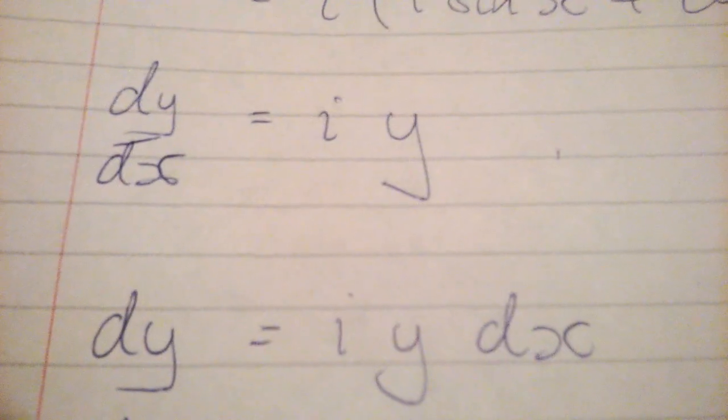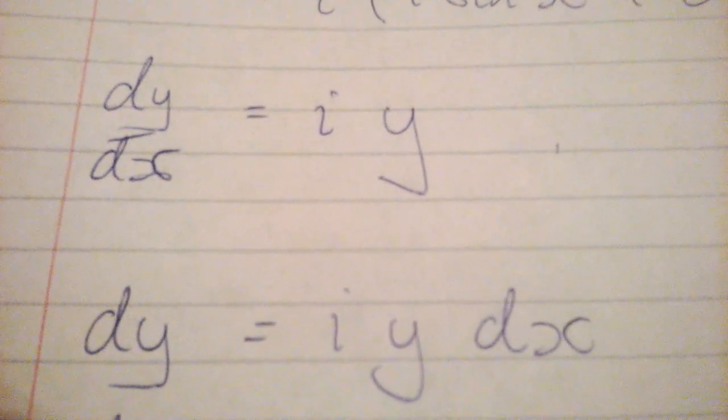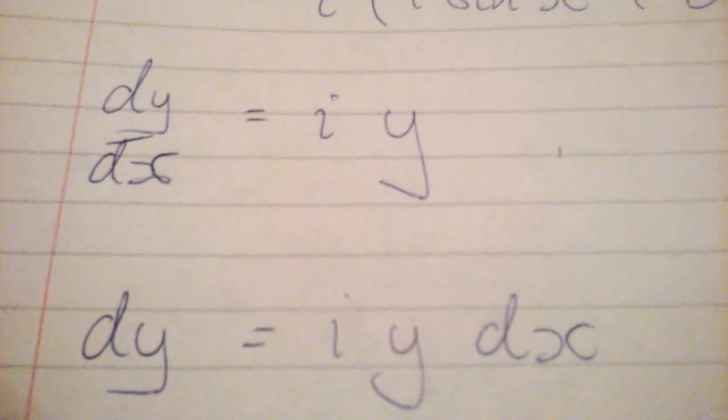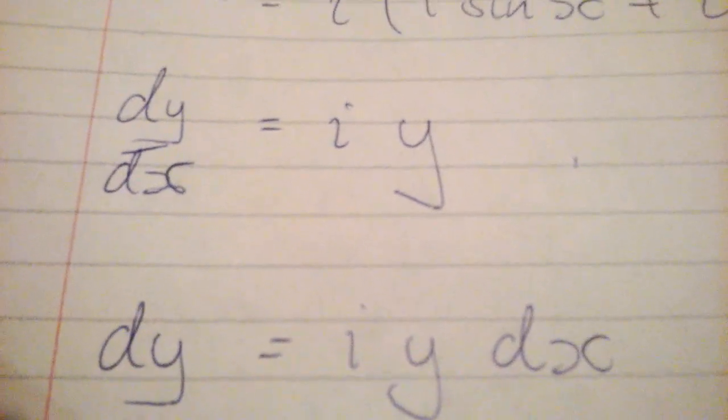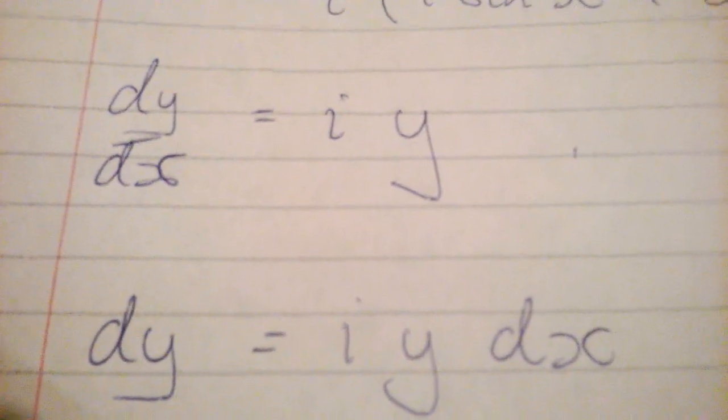So then dy, it's almost like multiplying by dx, which we can do with calculus. dy equals i times y dx, then divide by y. So dy over y equals i dx.